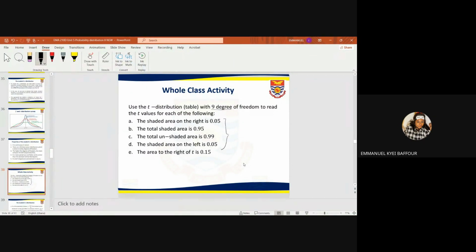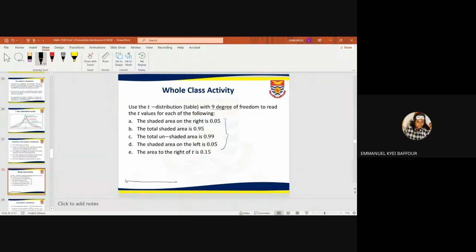Okay. So now let's see. We've been asked to read these values. That is, the shaded area on the right is 0.05. So first, before you can do the readings, you have to first of all have a sketch.